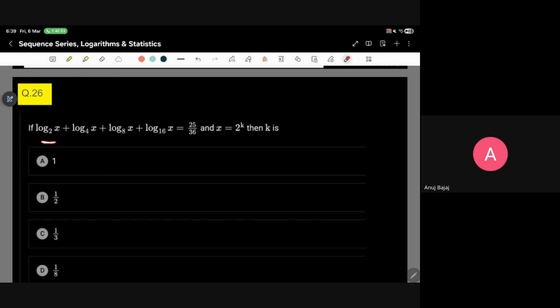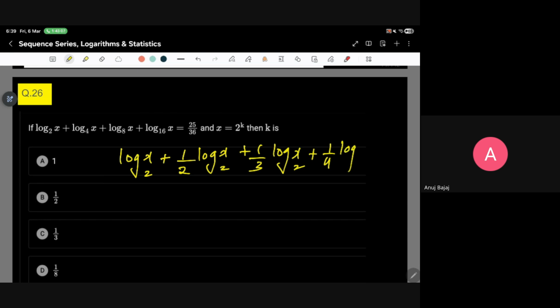Let's make the base 2 in every log. So this will become log x base 2, 1 upon 2 log x base 2, in the same way 1 upon 3 and 1 upon 4. Take log x base 2 common. So 1 by 2.